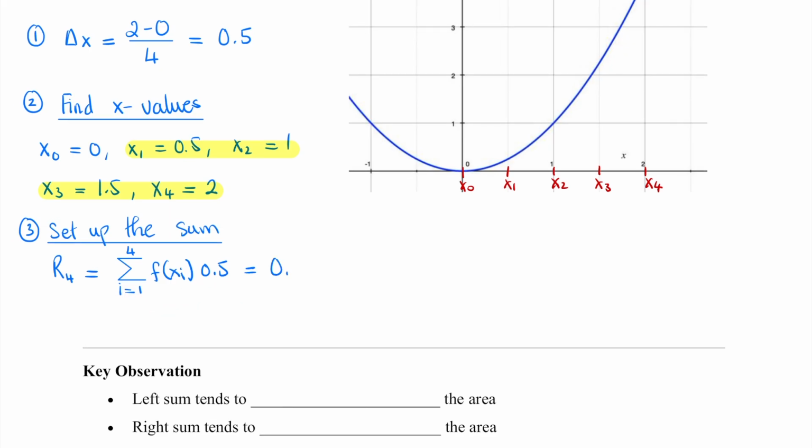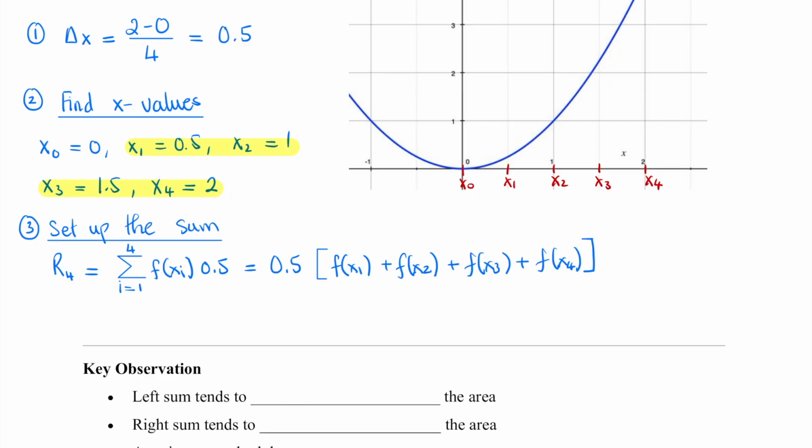We have 0.5 times the sum of f of xi from i equals 1 to 4, which means we have f of x1 plus f of x2 plus f of x3 plus f of x4. And x1 is 0.5, x2 is 1, x3 is 1.5, x4 is 2. So we are going to plug these values in.